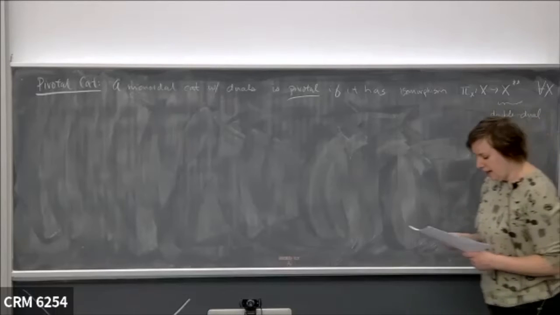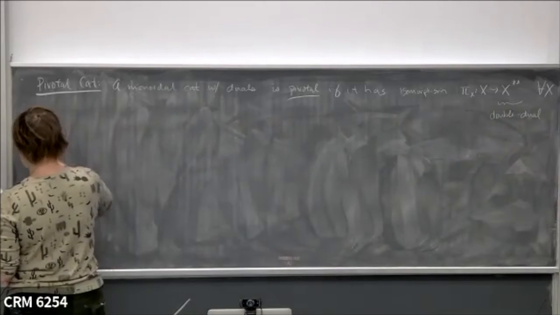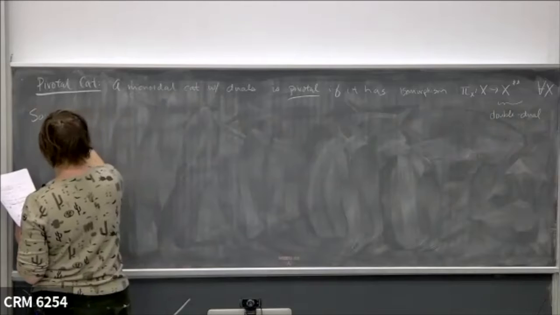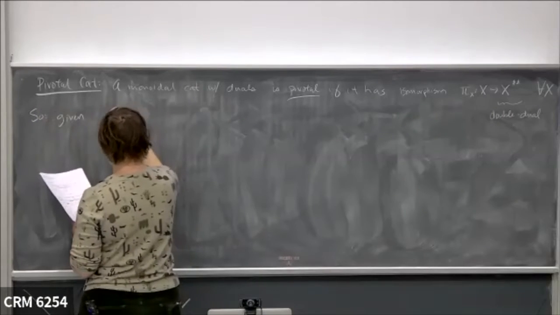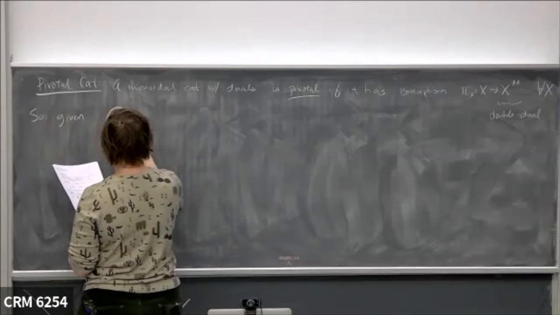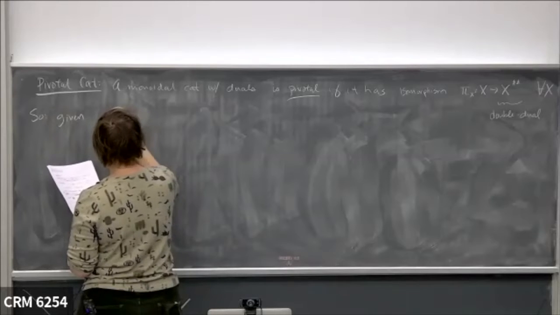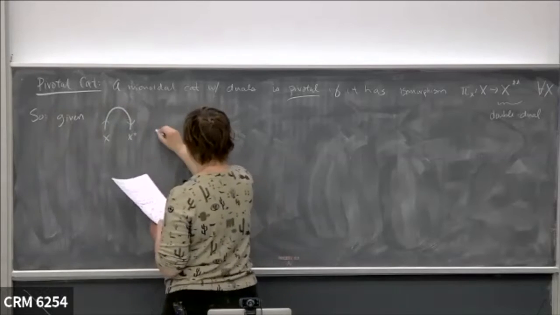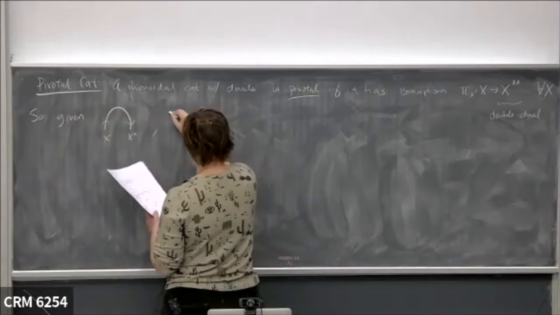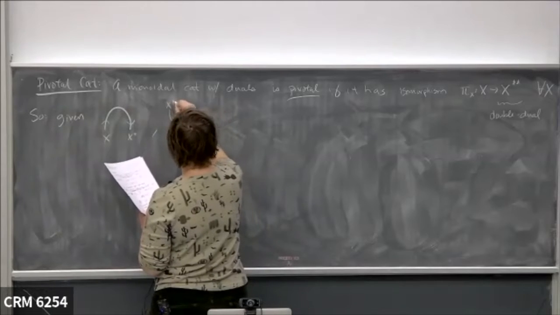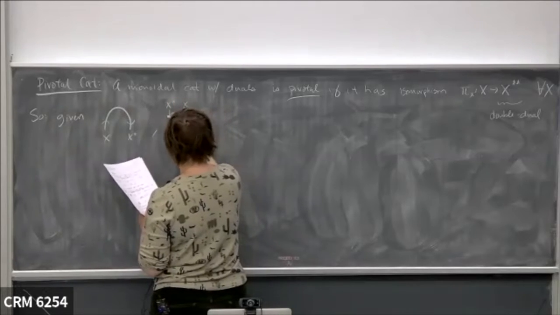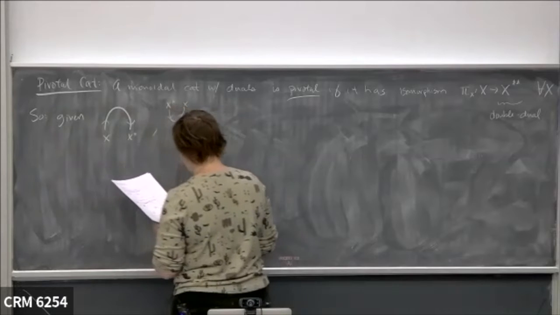Okay, and what this means is that the dual structure already gives us that we have x and its dual oriented like so. We get a cap. If we have x dual and x, and the orientation now must be like this, we get a cap.